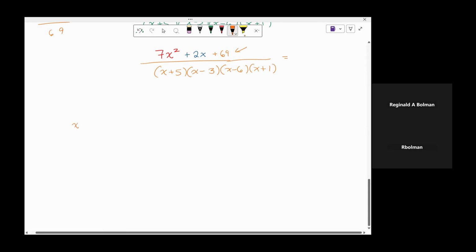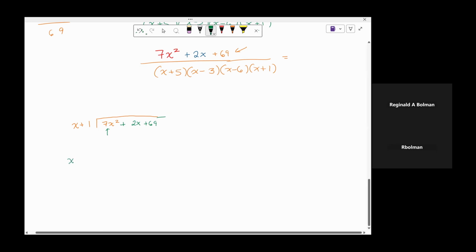If you are somebody who would like to try using polynomial division, you're just going to write one of your terms that exists in the denominator, say this x plus 1, and you're going to see if it will divide evenly into 7x squared plus 2x plus 69. So how this works, if you recall from Math 950, is you're going to look to this x term and try to guess how many times x will go into 7x squared.